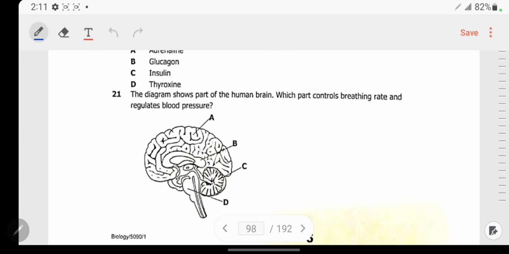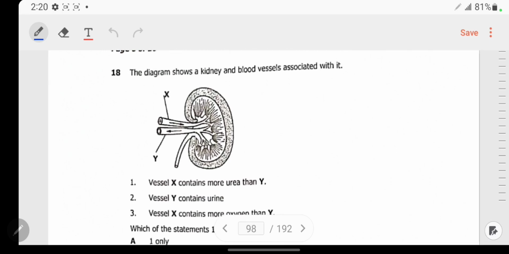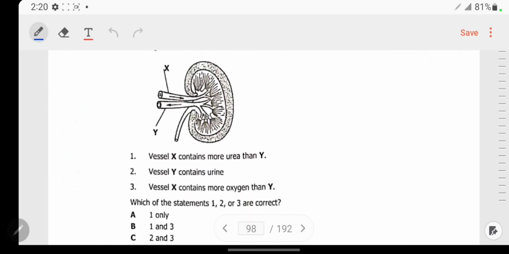Moving on to question 18, the question says the diagram shows a kidney and blood vessels associated with it. So we have X, Y. We are told vessel X contains more urea than Y, vessel Y contains urine, vessel X contains more oxygen than Y. Then we are told which statements 1, 2, or 3 are correct.